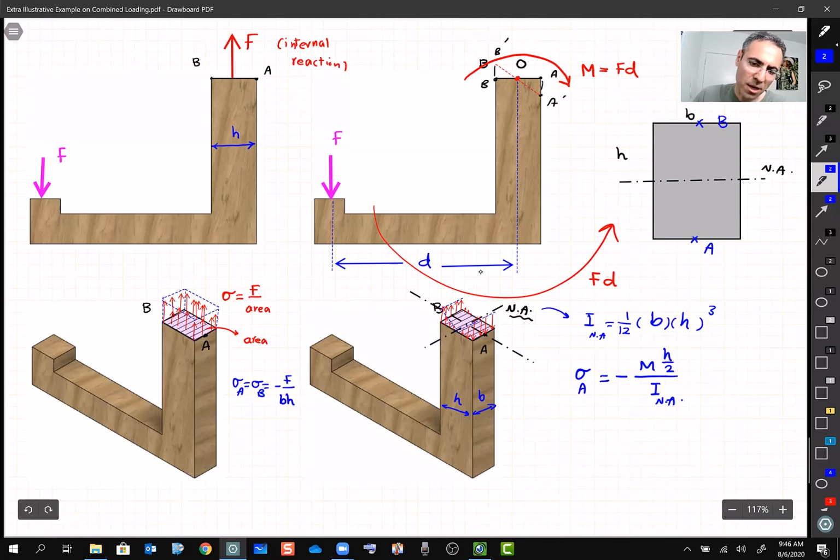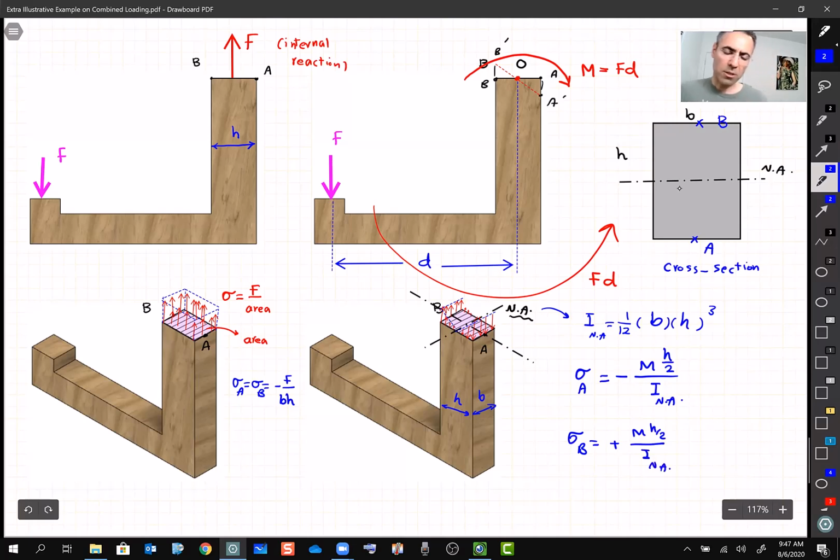I just imagine this cross section here. I just take it and put it on a 2D view like that. So this is our cross section. So sigma B is going to be plus MH divided by 2 divided by I_NA.